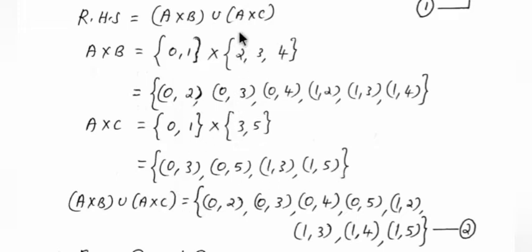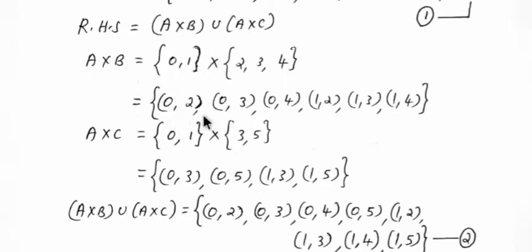Then find out the whole RHS, (A × B) ∪ (A × C). Here union means, we know, just join the elements of the first set and the second set. Here the first set is A × B, the second set is A × C. Join these elements and these elements.